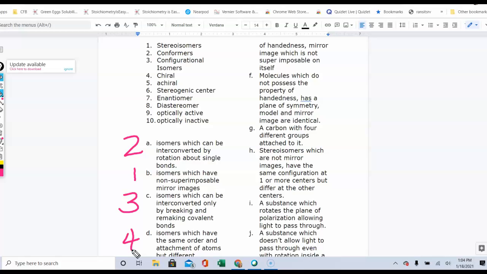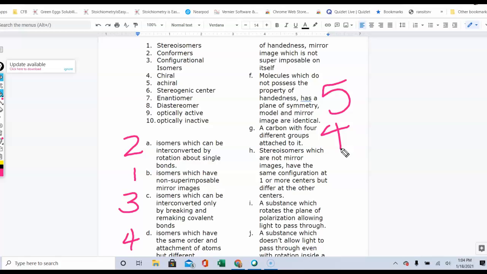Molecules which do not possess the property of handedness, they have a plane of symmetry, and they are identical basically. And so that would be number 5. And then a carbon with 4 different groups attached to it, that is chiral. Stereoisomers which are not mirror images have the same configuration at one or more centers but differ at the other centers.